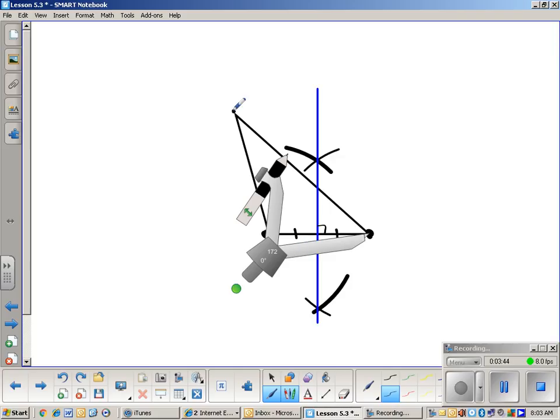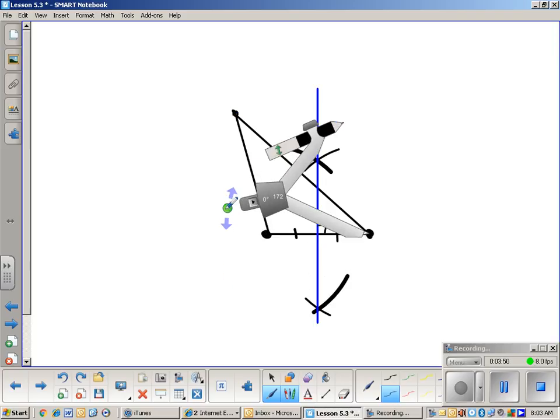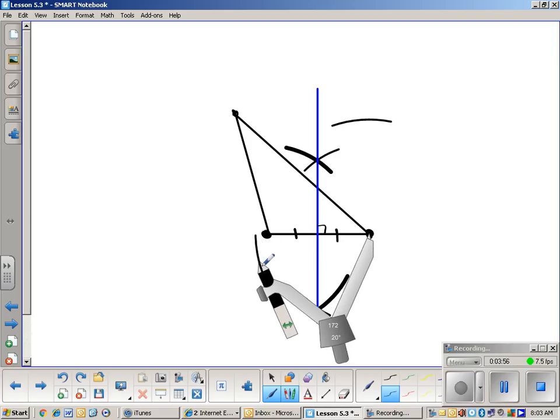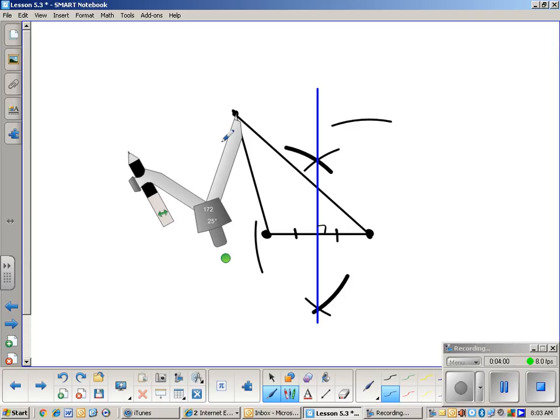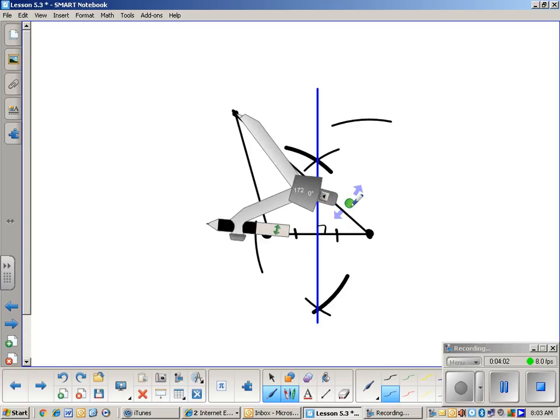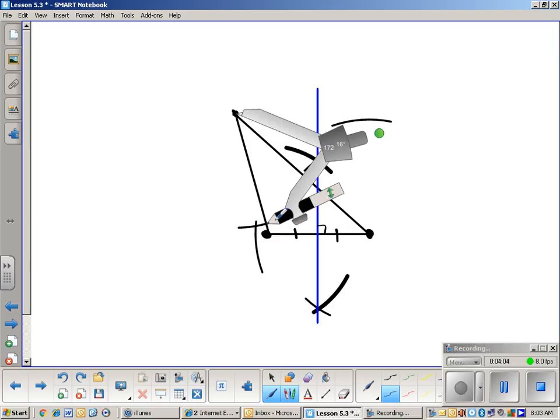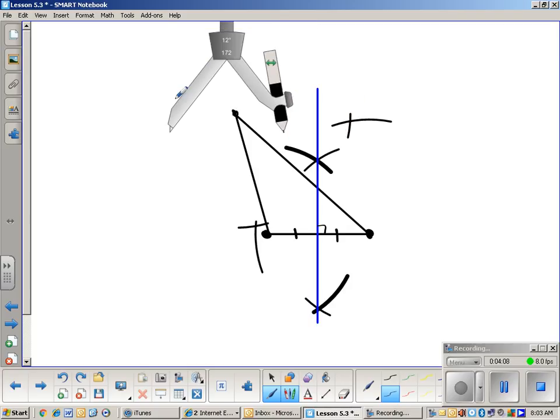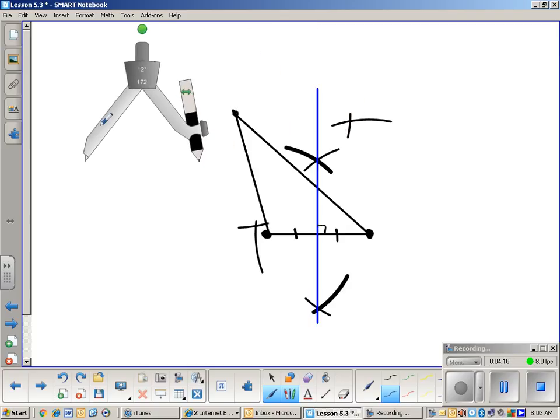So if I do the same thing with another one, again, more than halfway, and so that's certainly more than half this distance. I draw an arc above, an arc below. Okay, switch ends. Okay, and again I draw that line.